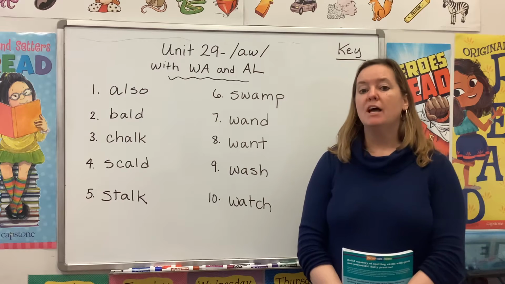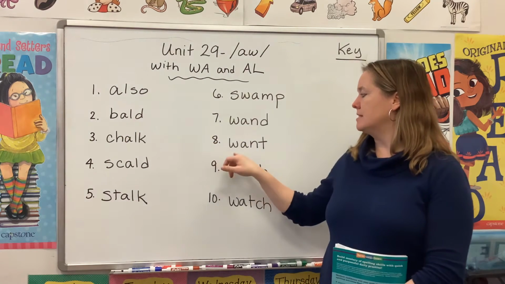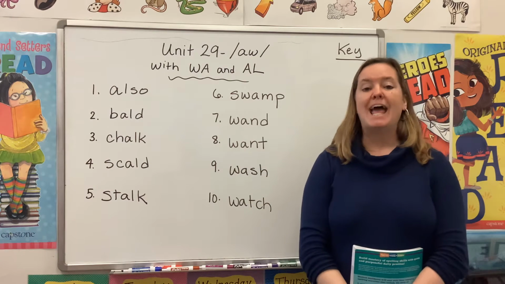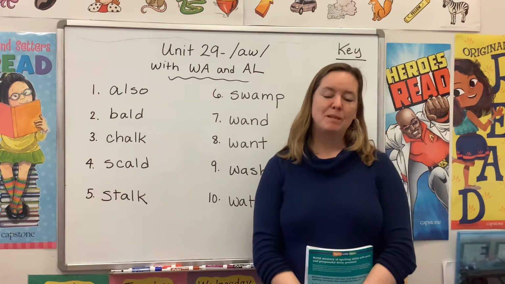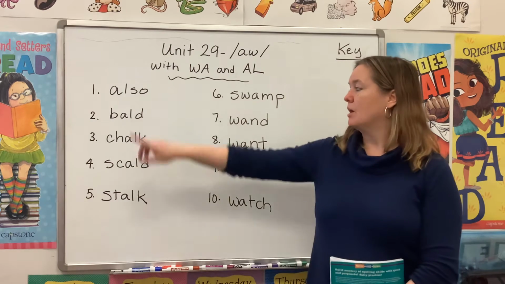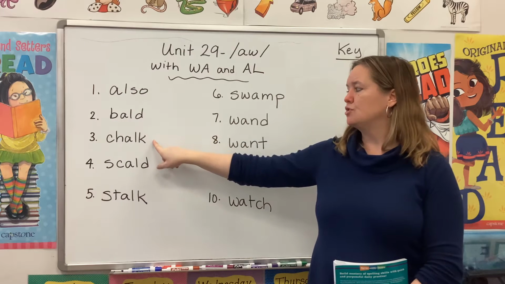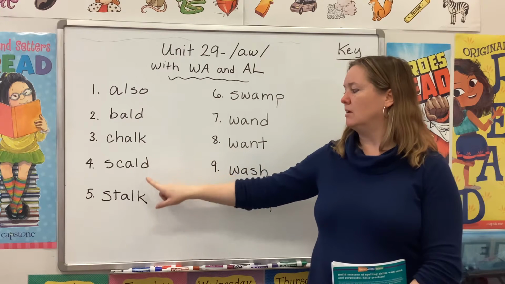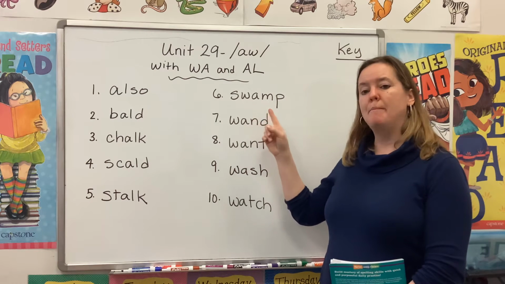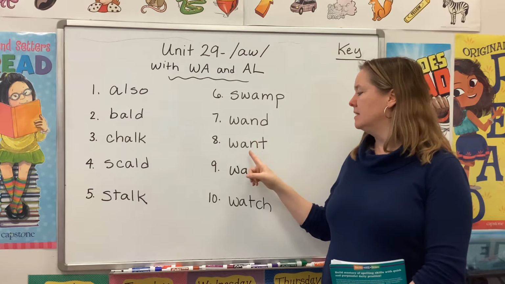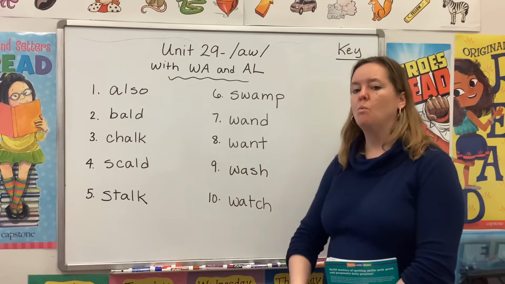As we do, use your eyes to look for the AL or WA chunk and use your ears to listen for that AW sound. Please repeat after me. Also, bald, chalk, scald, stalk, swamp, wand, want, wash, watch.